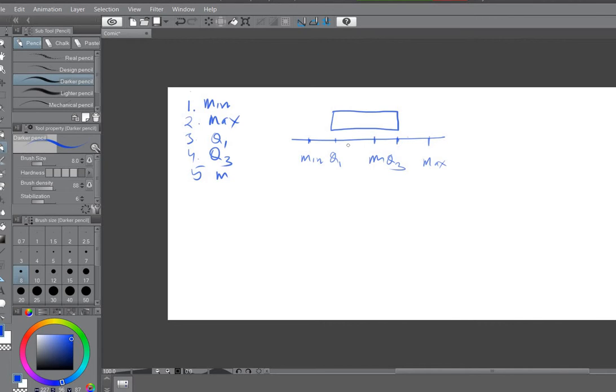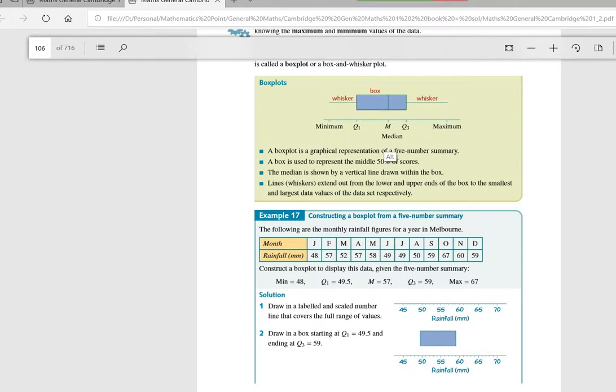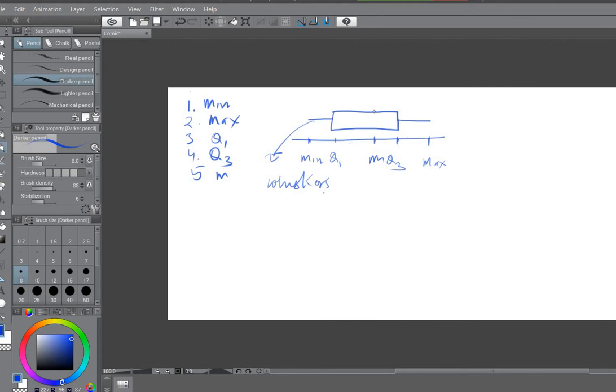Then you draw the whiskers, which are the lines that connect the box to the min and to the max. And in that box, at the point where you have found the median, we draw a line. And hence, this becomes a box plot.